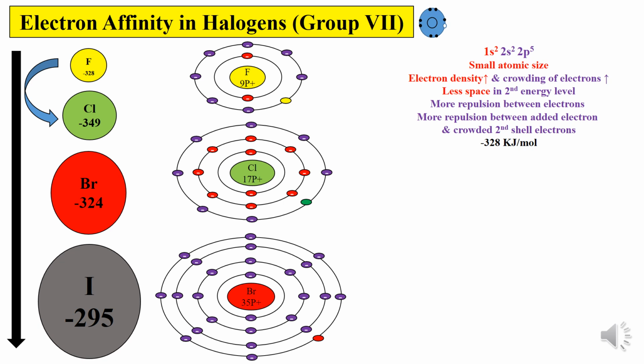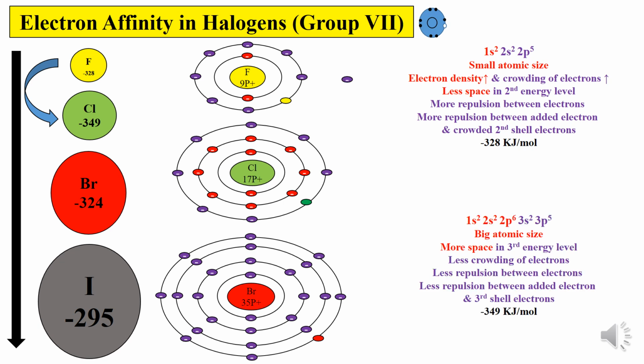And when you add an electron, there is more repulsion between the added electron and the crowded second shell electrons. So there's a repulsion experienced by the incoming electron, and therefore there is a lower electron affinity.